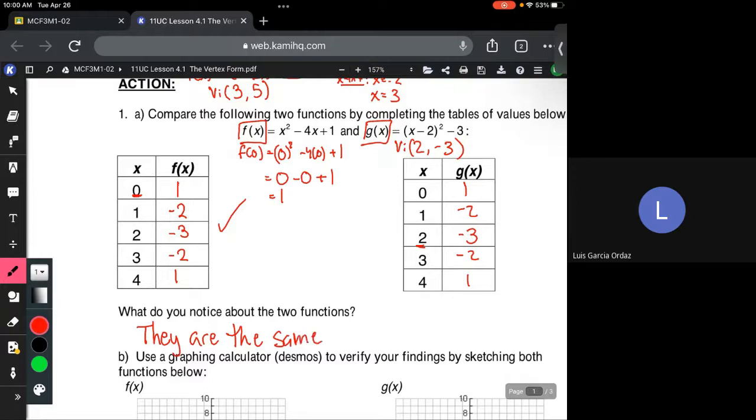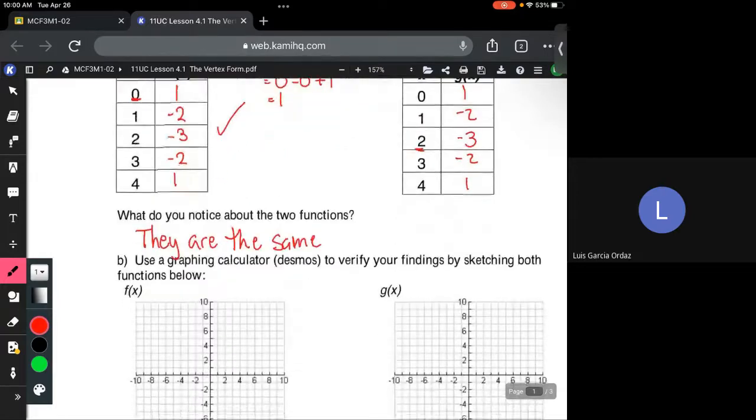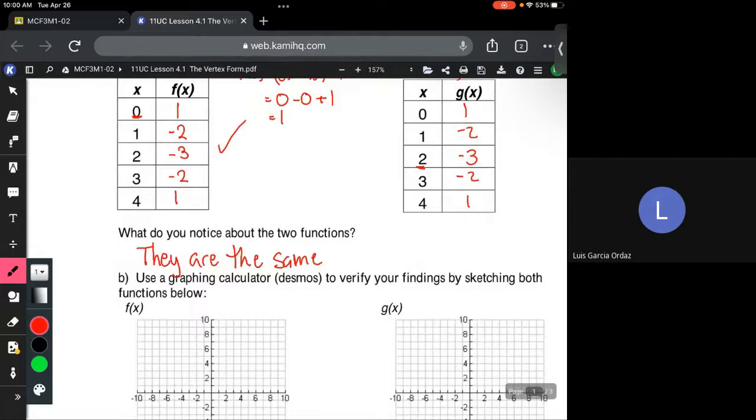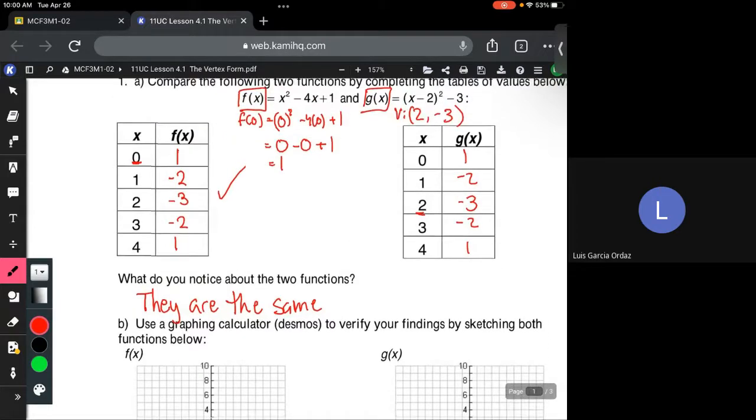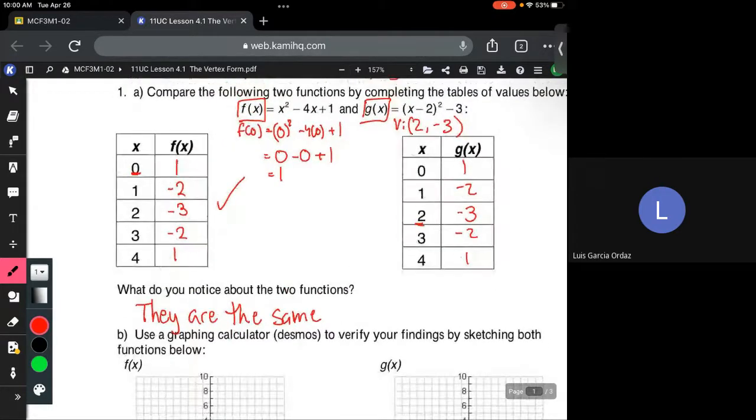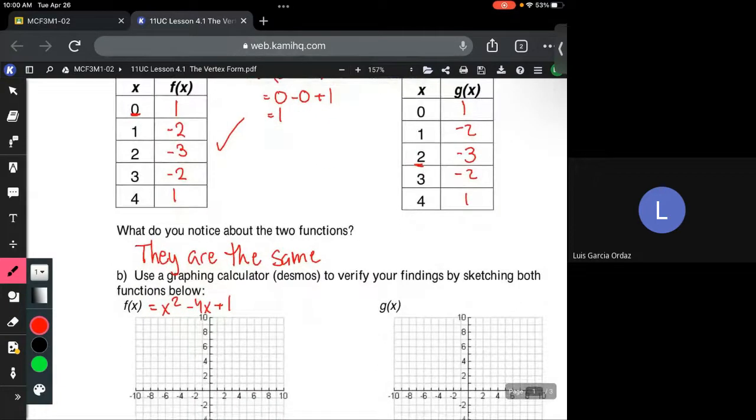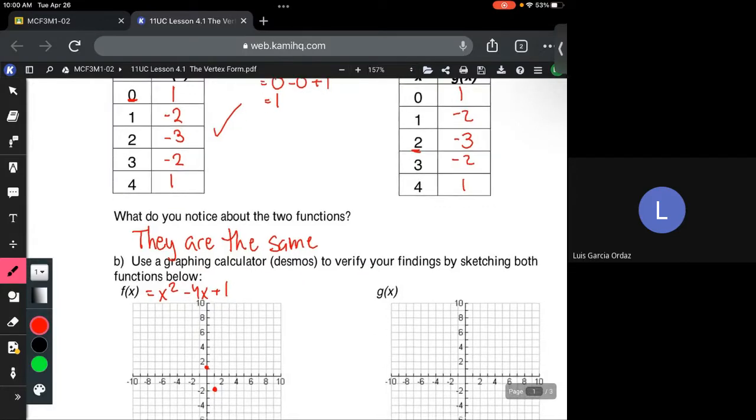So if we plot them out, we're going to notice they get the same. So f of x we have is x squared minus 4x plus 1. So our first point is going to be 0 and 1. My next one is going to be 1 and -2. Then 2 and -3.